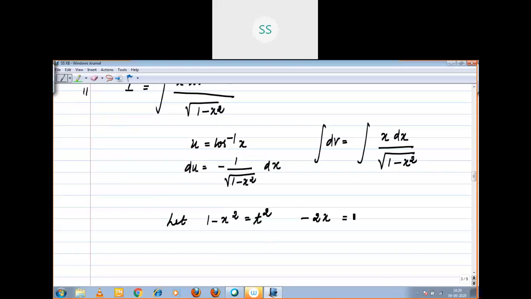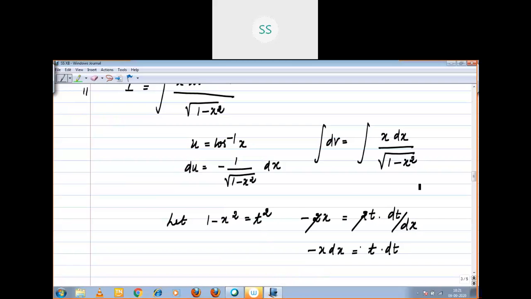Minus 2x equal to 2t into dt by dx. Now 2 cancel. Minus x dx equal to t dt. Got it, children?